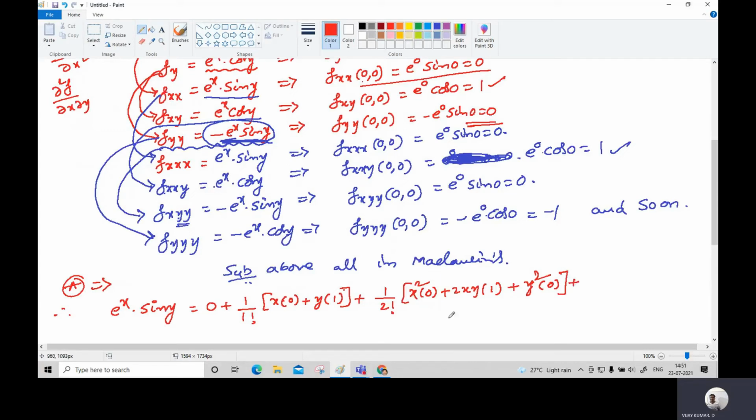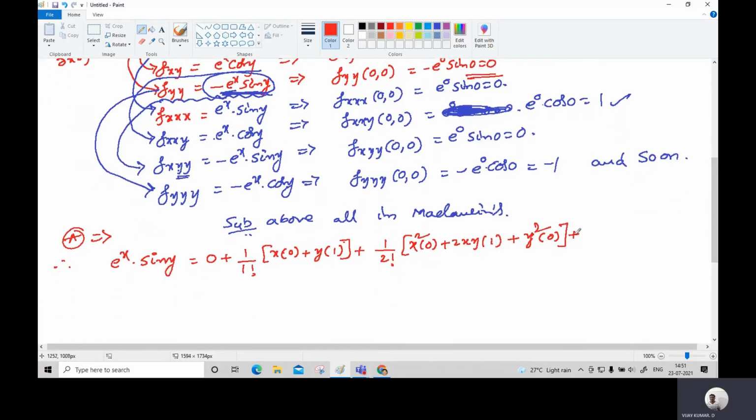Plus 1 by 3 factorial into, we have to find out the third order partial derivatives. 1 by 3 factorial into x cube into f triple x at origin. Where is f triple x? This one, 0. You can also find out these all derivatives in a tabular form also. Plus 3x square y into f double x y at origin, it is 0.